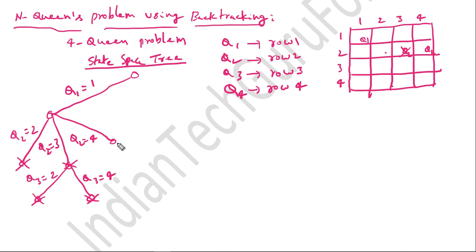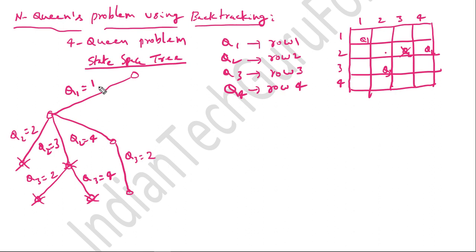Then we need to track for q3 and q4. Let me assume that q3 is placed in the second location. q3 here is acceptable because there is no problem in row, column, or diagonal.